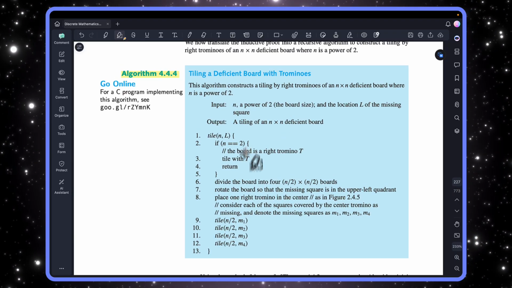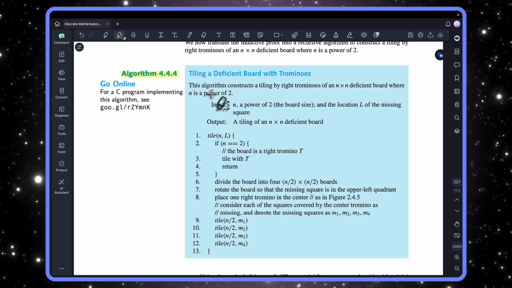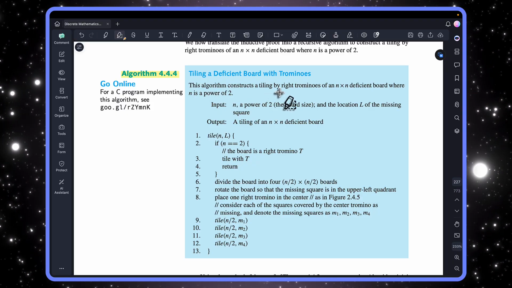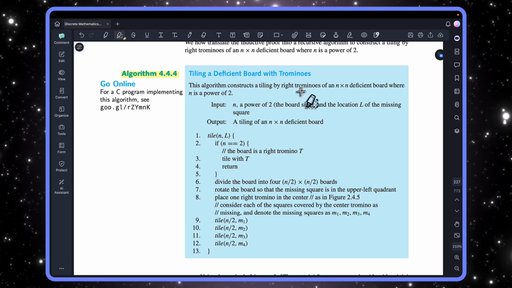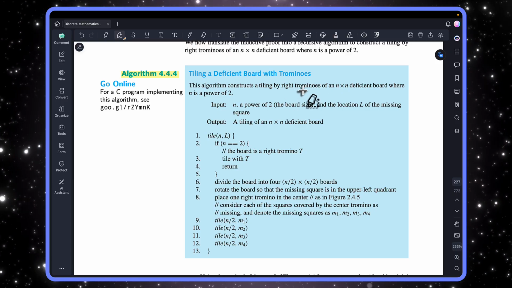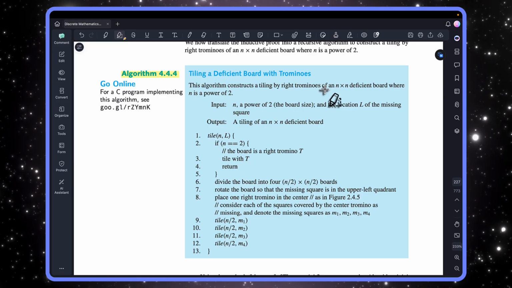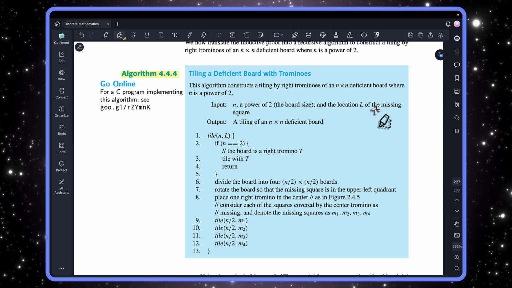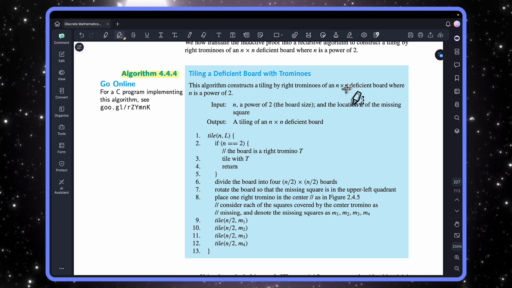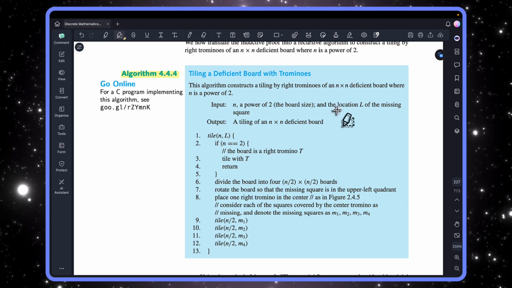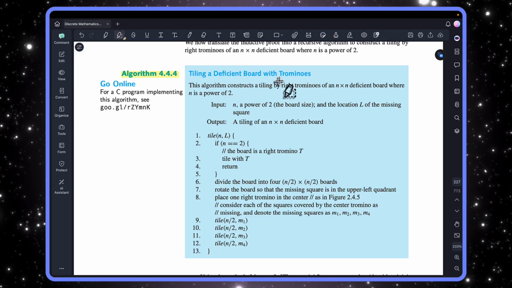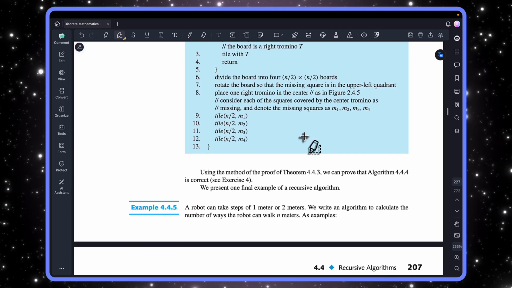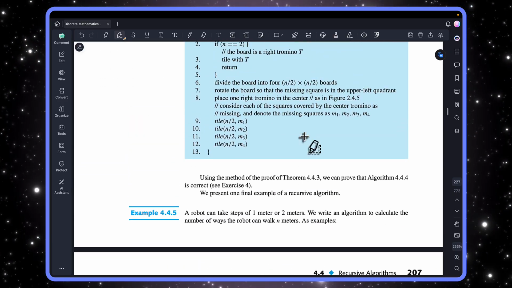Essentially, this algorithm correctly constructs a tiling by triominoes of an n by n deficient board where n is a power of 2. A deficient board has one square missing, and triominoes are basically L-shaped things. Here, let's go quickly to that so you can see what we're dealing with.